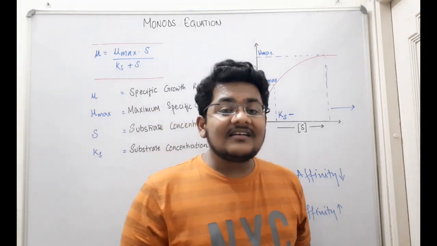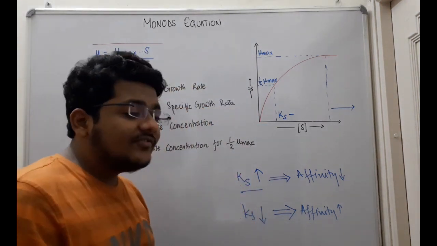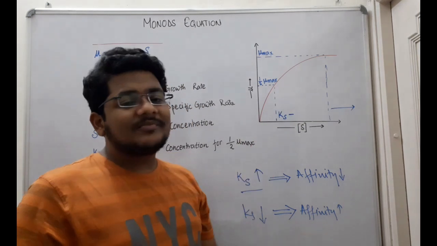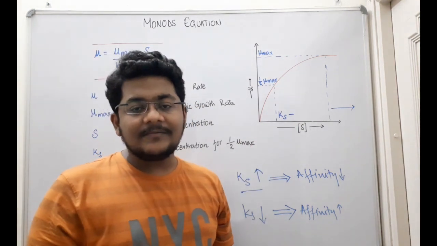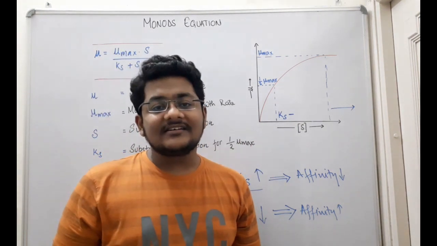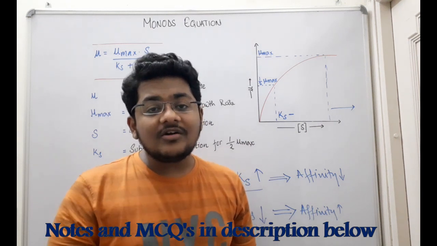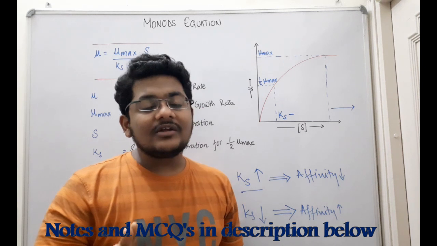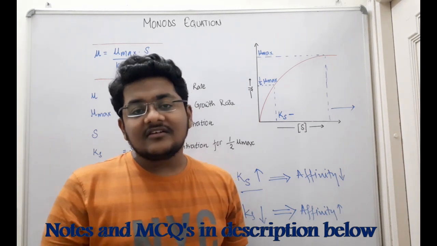So if you do not provide a favorable substrate, the substrate which the microorganism loves to have, the maximum specific growth rate is going to decrease.